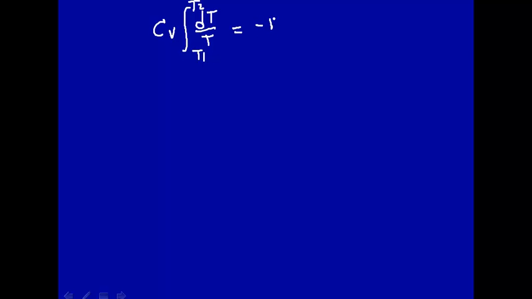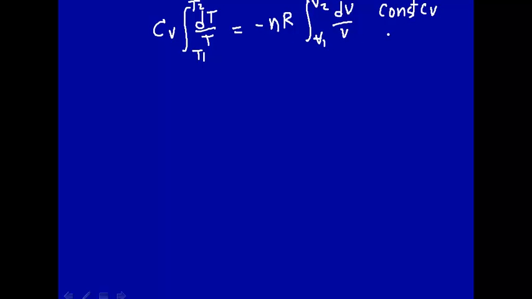So this is minus nR times the integral from V1 to V2 of dV over V. Again, we're saying this constant CV does not depend on temperature. You can pull it out of the integral. And constant number of moles n, so you can pull that out. And R is a constant. We can pull that out.